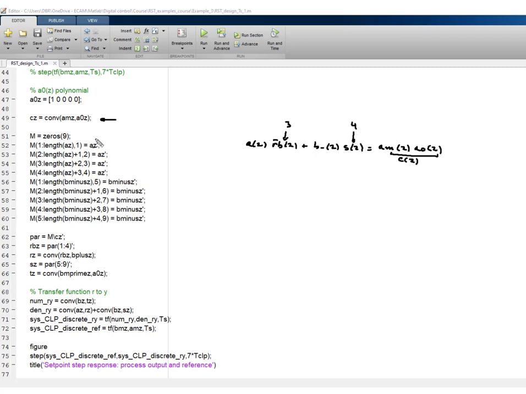So we'll have 9 parameters, 3 plus 4 plus 2. A polynomial of degree 3 is described by 4 parameters and one of degree 4 by 5 parameters. So indeed we have 9 parameters. So we'll have a system of 9 equations and 9 variables. So this is how we initialize the Sylvester matrix.